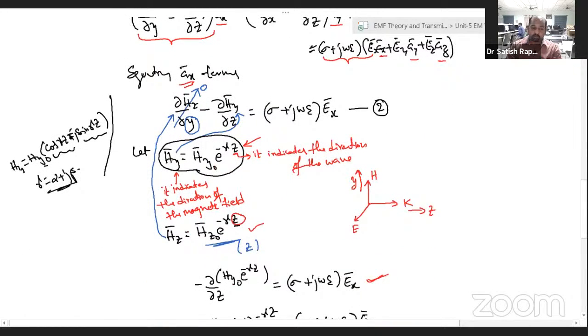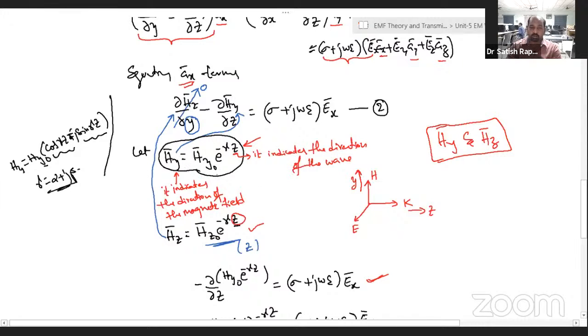Then writing the magnetic field components Hy and Hz in phasor form.